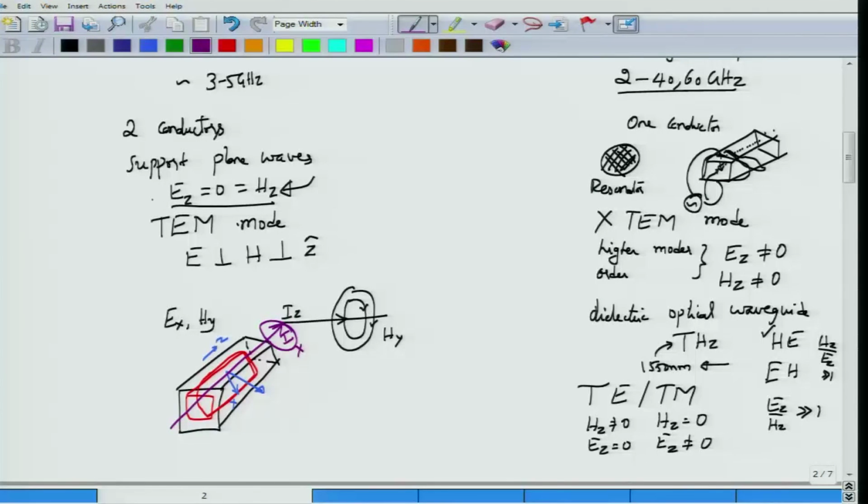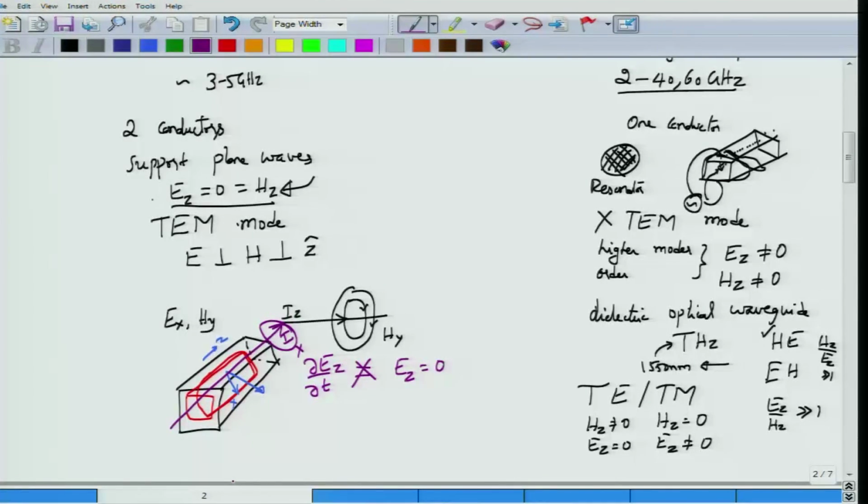Because of the absence of a central conductor, there is no way that you can actually have a magnetic field loop around in any region in between the waveguide walls. If you don't have a conventional current, that is all right. You can still have the displacement current, so del E by del t. So you can have del Ez by del t, but unfortunately that is also not possible because we have said that this is a plane wave structure, so Ez is actually equal to 0.